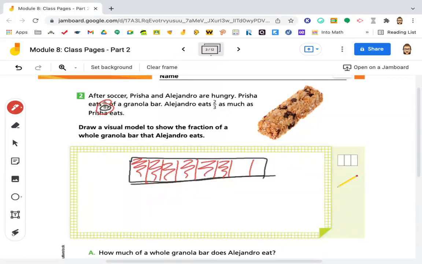Alejandro eats 2/3 as much. Well, that means we need to split this section into thirds. So right here, there's 6 sections, and 6 divided by 3 is 2, so 2 in each. And then we can shade 2 of those, to give us the 2/3 times 6/8.